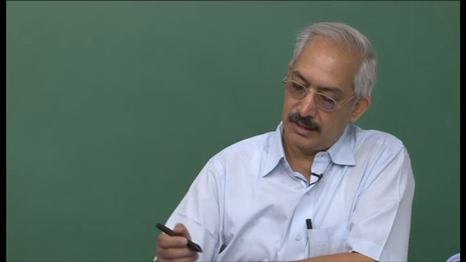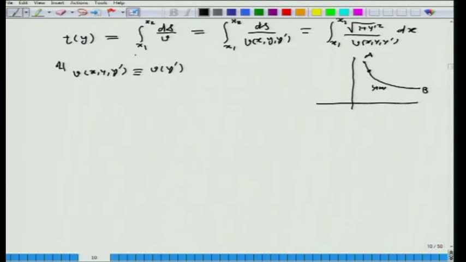So, that can be taken as a function of y prime. So, in this particular case we have t as the integral from x 1 to x 2 of square root of 1 plus y prime square over v of y prime.